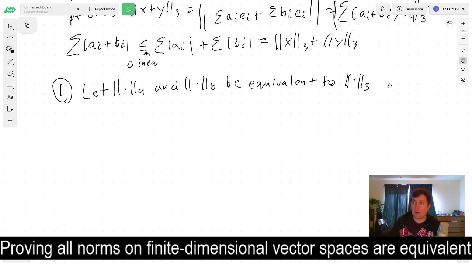Anyway, since we have this equivalence, then by the definition way back in the problem, we've got these sets of constants. So there exists, this is the symbol for there exists in case you don't know, a big C_A, which is greater than a little c_A, which is greater than 0.